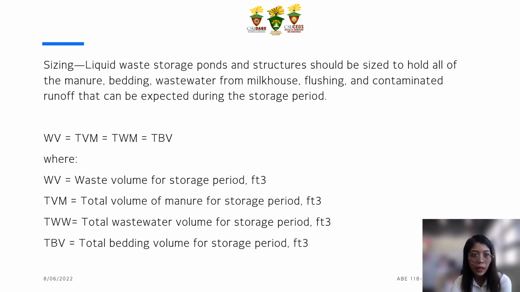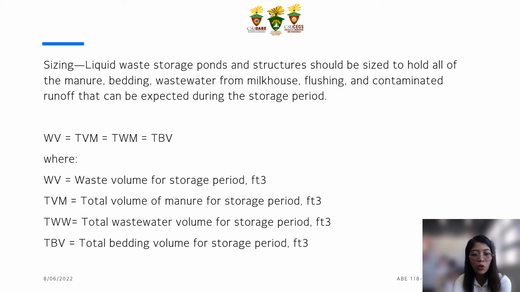So, sizing. The liquid waste storage ponds and structures should be sized to hold all the manure, bedding, wastewater from the milk house, flushing, and contaminated runoff that can be expected during the storage period. So the following equation can be used to compute the waste volume.